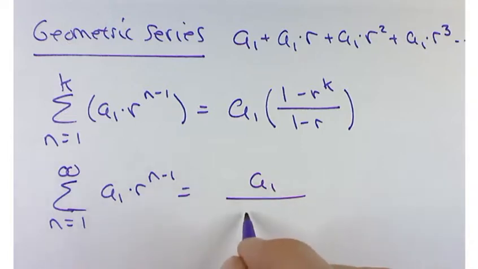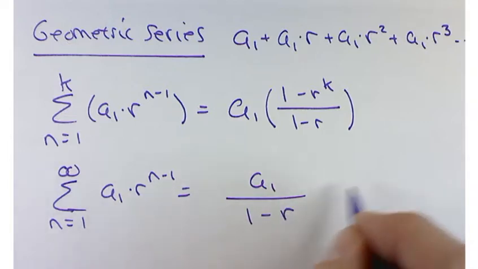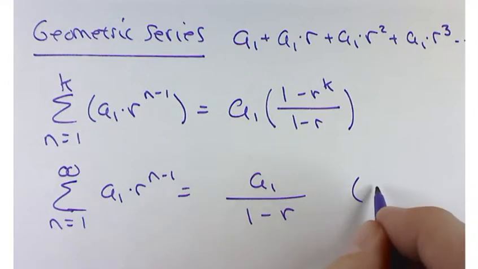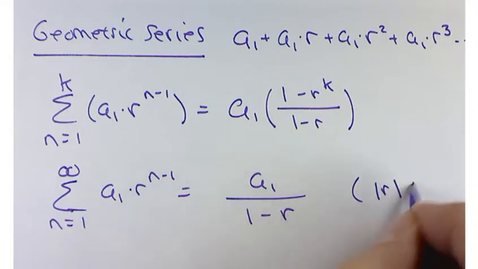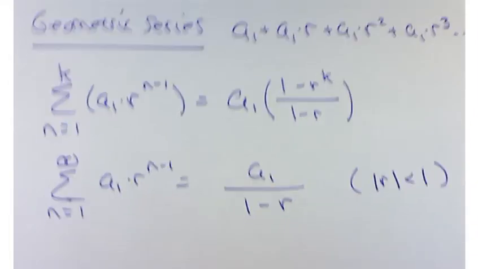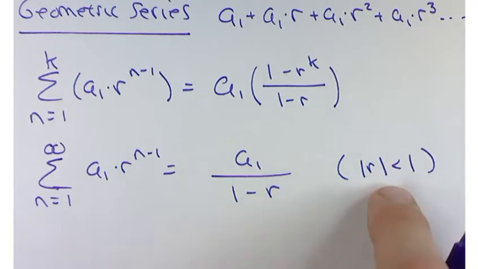So it's just going to be a sub 1 over 1 minus r. Now that's providing that r is less than 1 in absolute value. If that's true, this term is going to disappear, and we can calculate that infinite limit, that infinite sum. Okay.